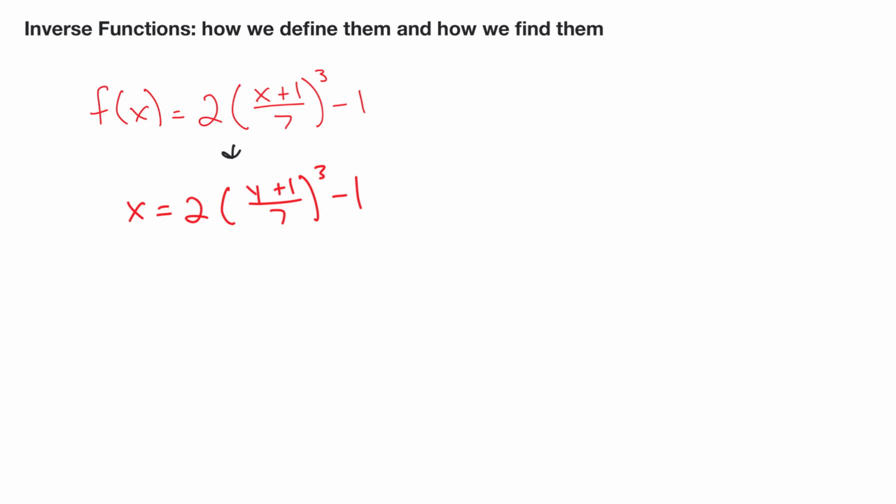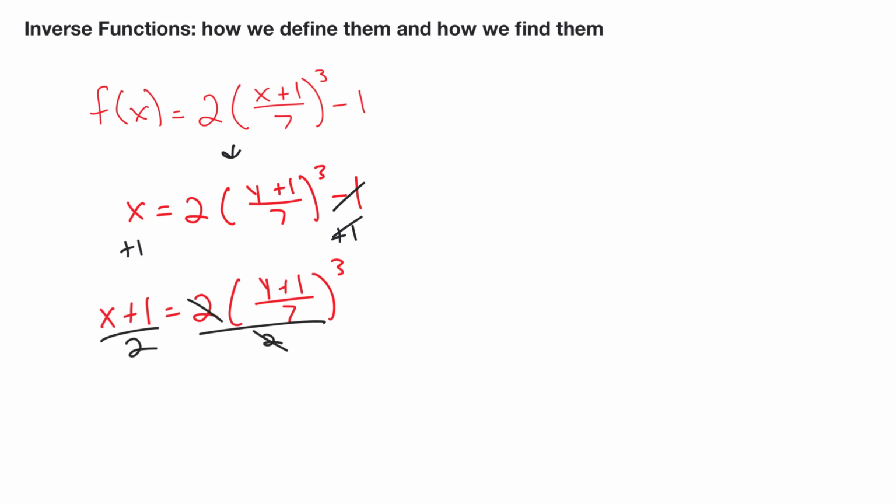So let's start by adding 1 to both sides. That leaves us with x plus 1 equals 2 times the quantity of y plus 1 quantity all over 7 quantity cubed. Then I'm going to get rid of the 2 that's being multiplied, so I'm going to divide both sides by 2. I'm going to go fairly quickly because this should all be review at this point.